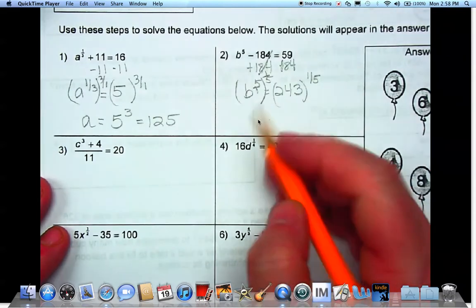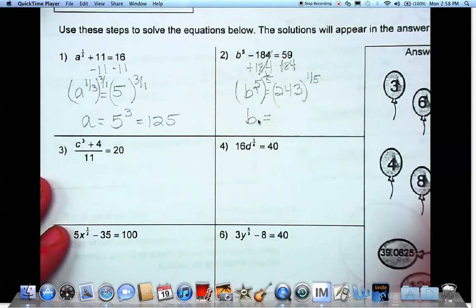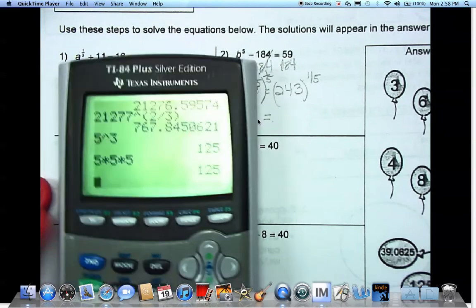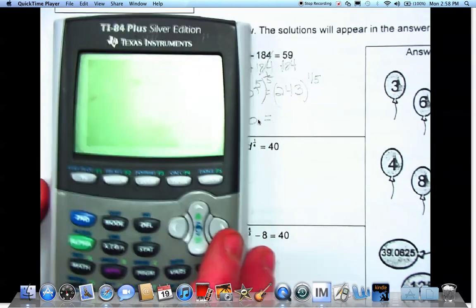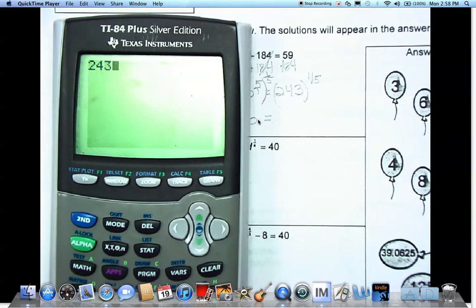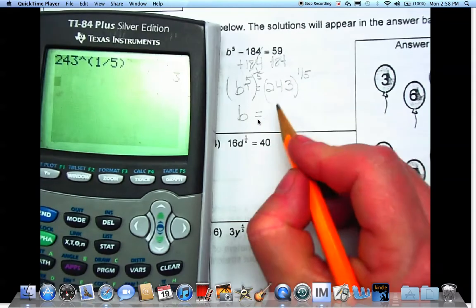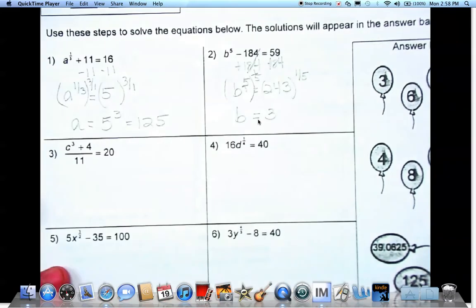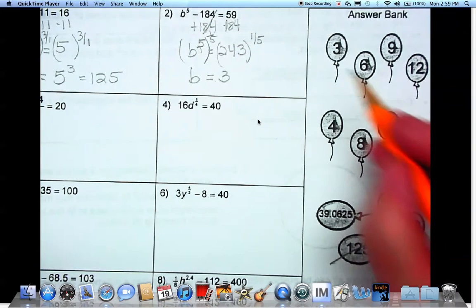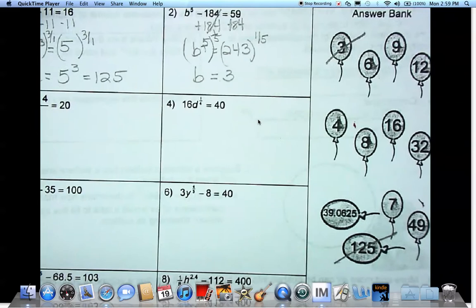So 243 to the 1/5. We have 243 caret parentheses 1 divided by 5. And you get 3. Is there a 3 over here? Yes. Pop that balloon.